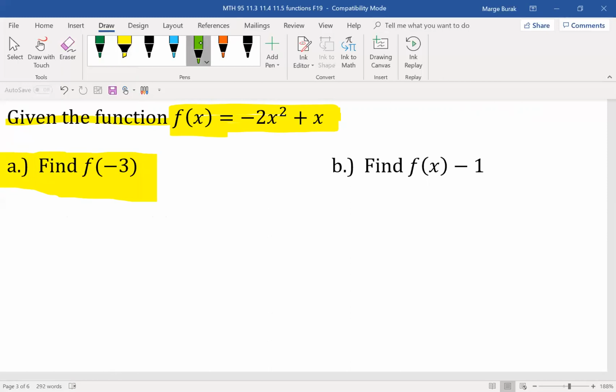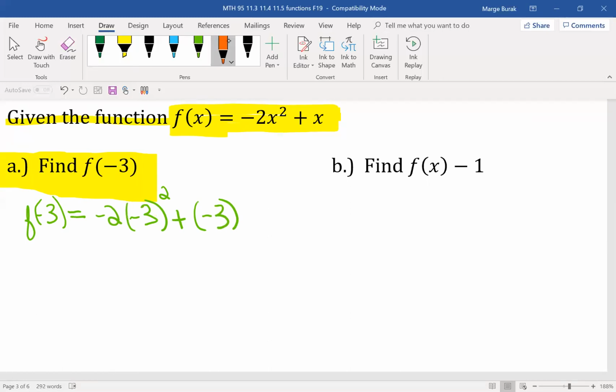Well, that means that we take -3 and we put it into our function -2x squared plus x. So instead of x, we're going to put a -3. And then all we have to do is follow order of operations. We'll do our exponents first. So -3 squared is 9.